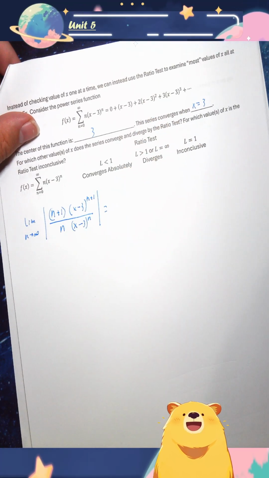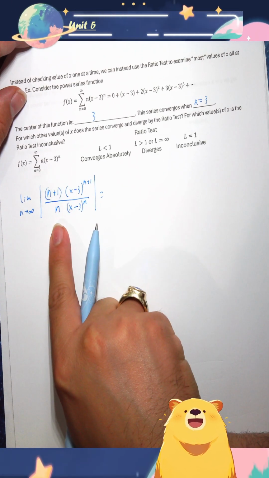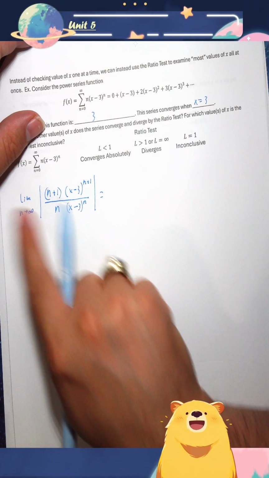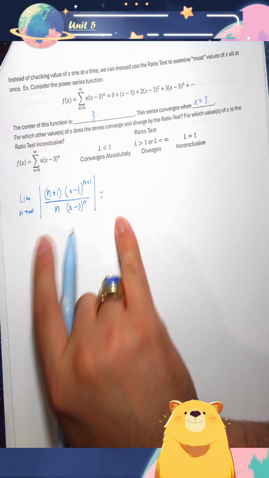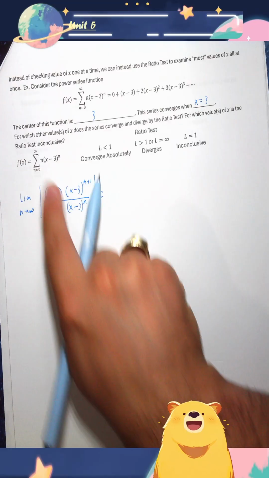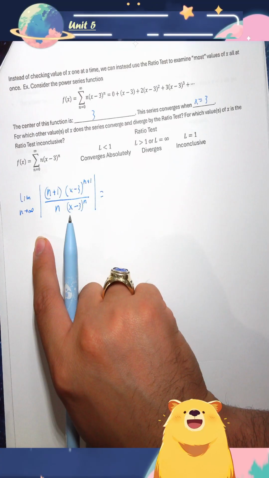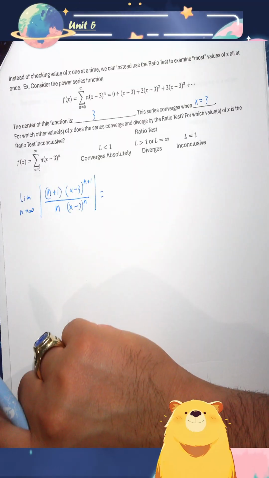Okay, from here, we know that this part of the fraction is allowed to not escape the absolute value, because we know n is going to start off as a positive value. So we can get away with this.